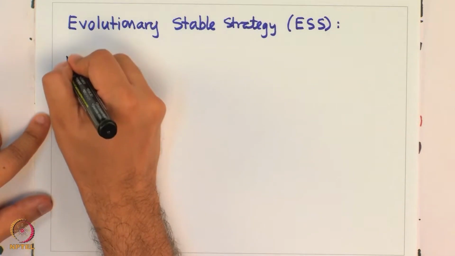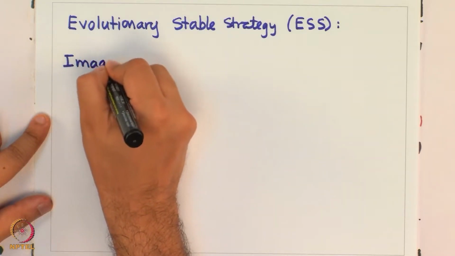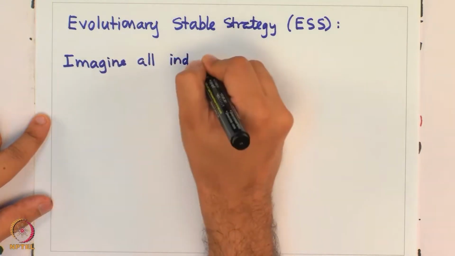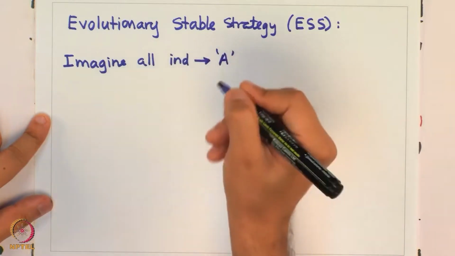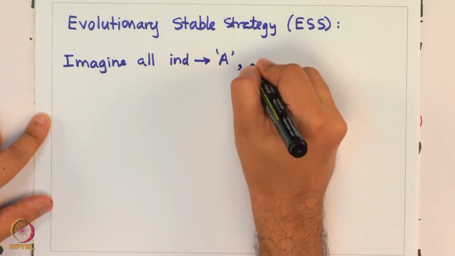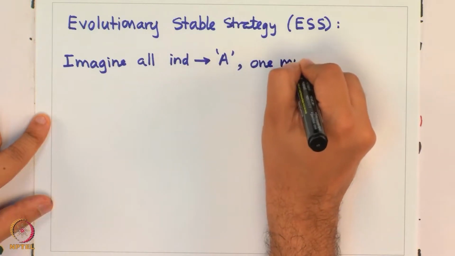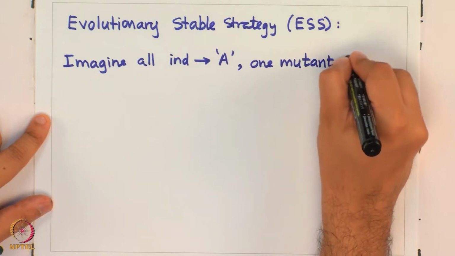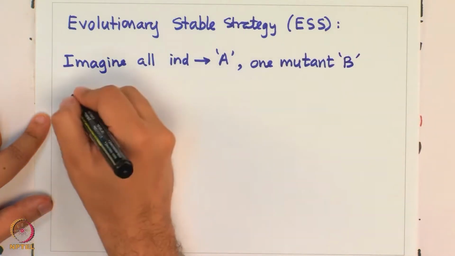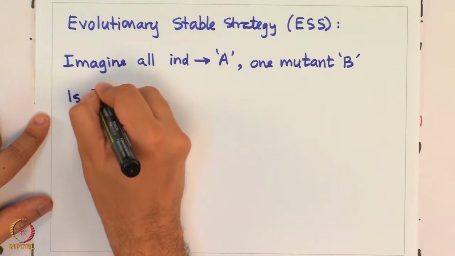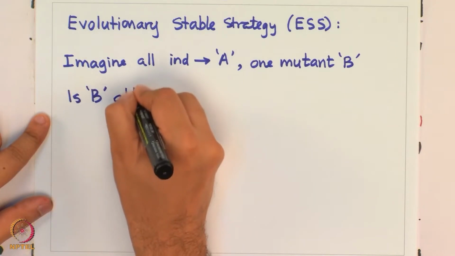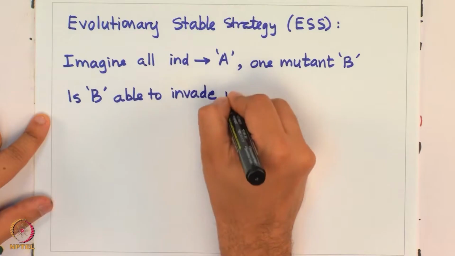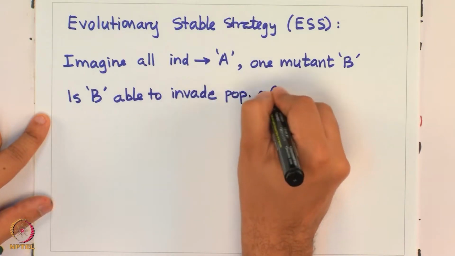What this says is that imagine all individuals are playing strategy A, or are of genotype A in our context, and one mutant is introduced, or you have one agent which is playing strategy B. Then the question that arises is, is B at that point able to invade the population of these A type individuals?